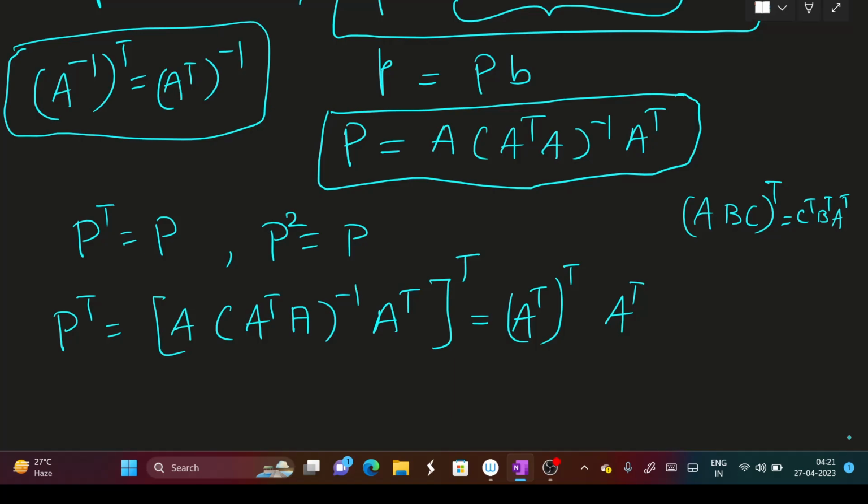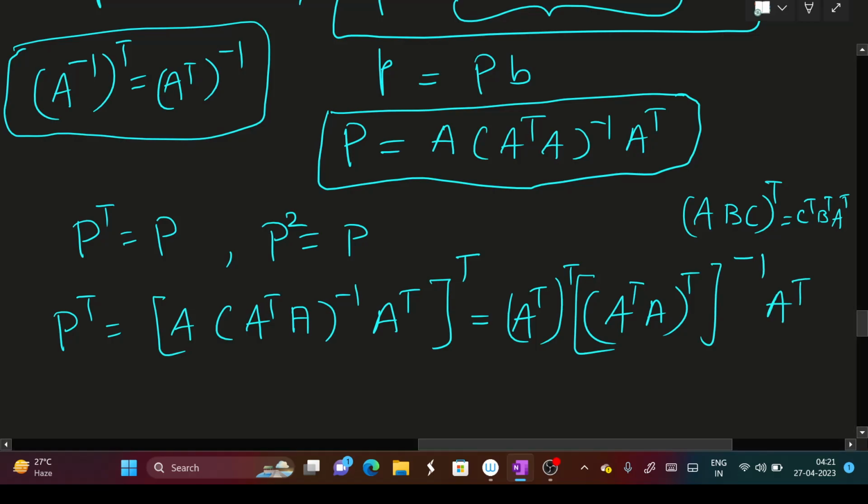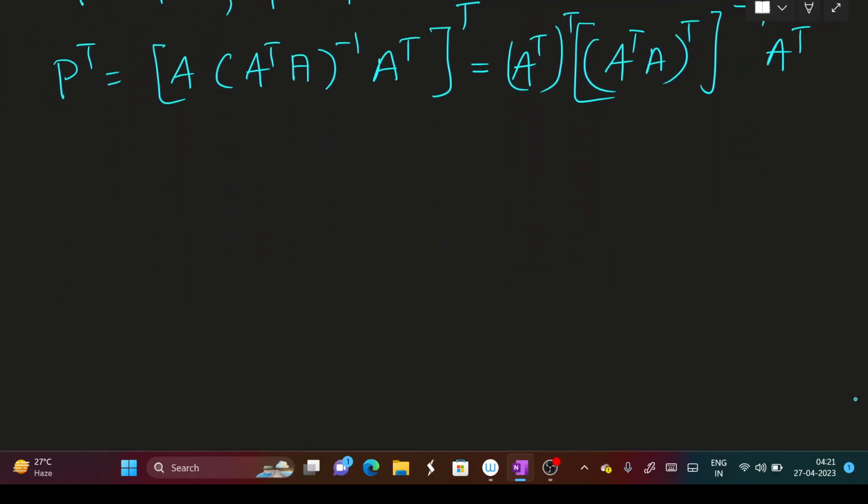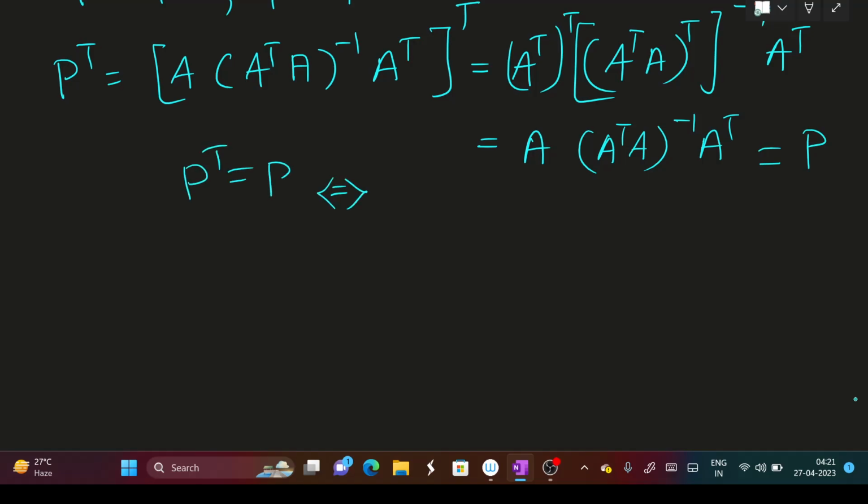Using this, I can take my transpose inside, that is, it is A transpose A whole inverse, then A transpose. So let us substitute the property: A transpose transpose is A, and what about its transpose? It is A transpose A whole inverse, then A transpose. Again we got P. So P transpose is equal to P, which implies P is a symmetric matrix.